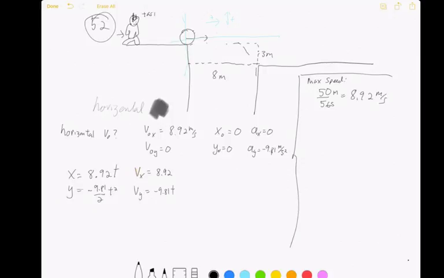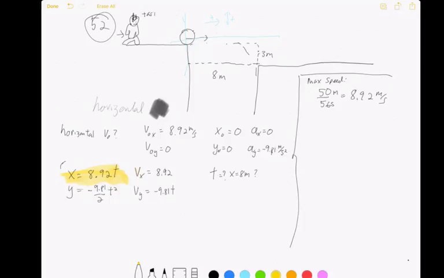All right, so I need to know what time it reaches x equal to 8 meters. So I'm going to use this equation here. All right, so that's 8 divided by 8.92.